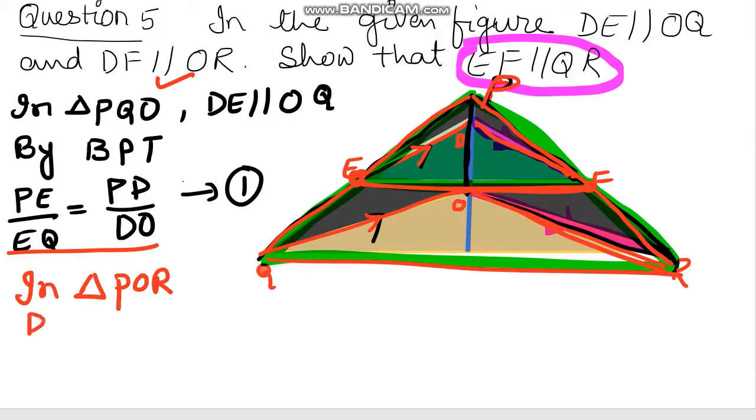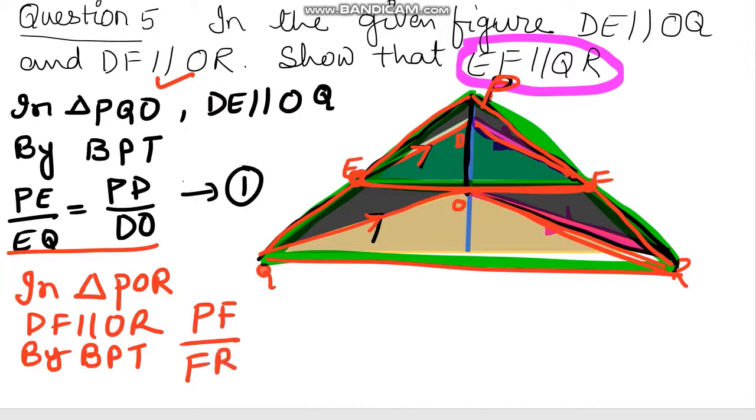So what will we get by BPT? By BPT theorem, we shall get PD by DO will be equal to PF by FR. So PF by FR will be equal to PD by DO. So let us say that this is equation 2.